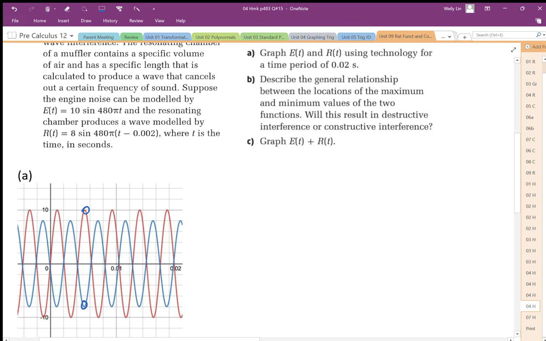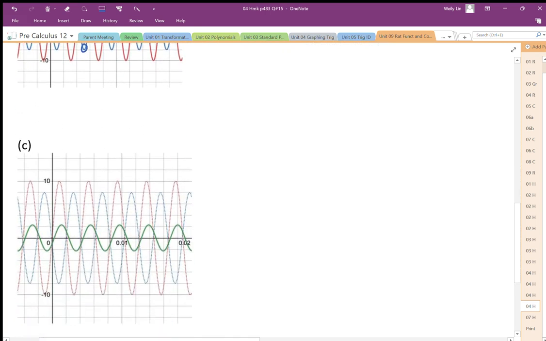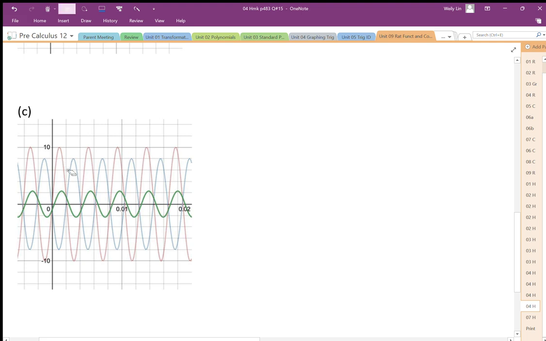Okay? So when we graph the E of T and R of T together, part C, I have in light the original E of T and R of T functions, and here we have, in green, the combined functions when I add them together.